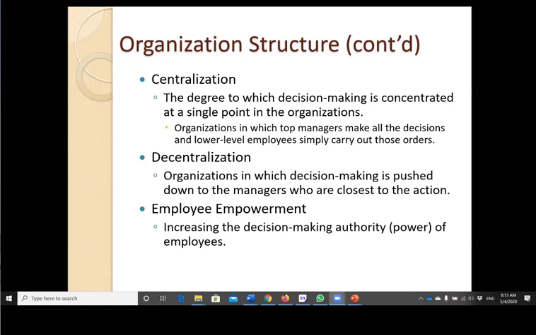So this is called employee empowerment. You give power temporarily or conditionally to someone else, to act instead of you. That's employee empowerment.